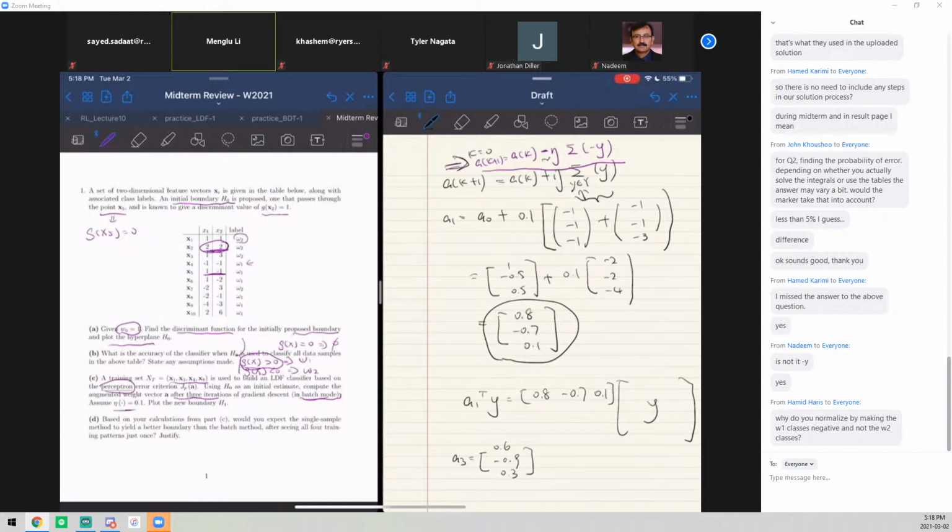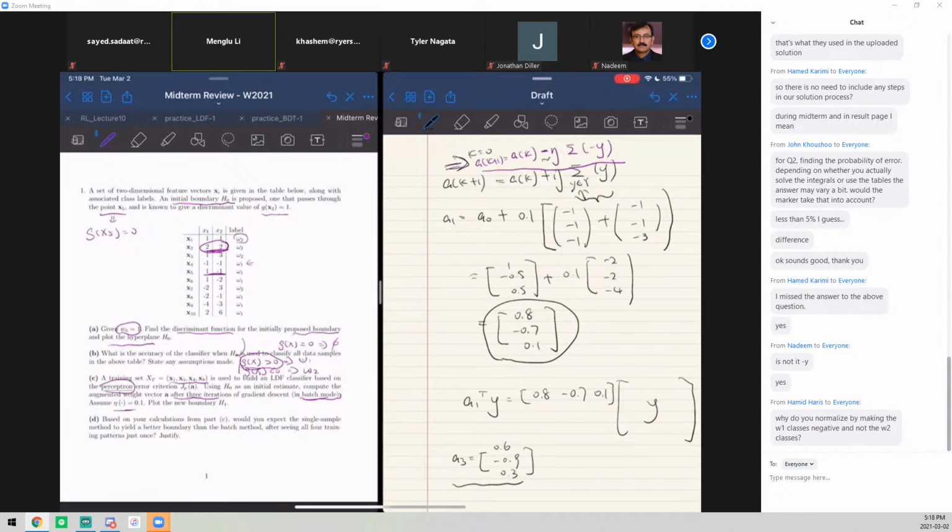And one thing, if the question asks you to do 3 iterations and you found that the question will not ask that, so never mind. After the 3 iterations, you got this weight vector, and the question asks us to plot the new boundary.